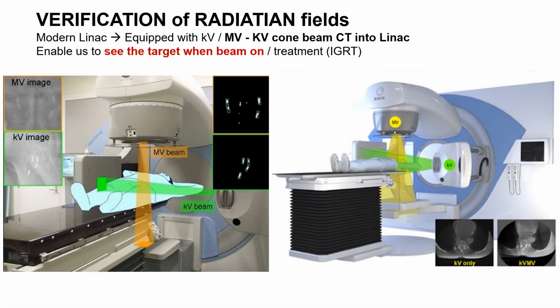We have discussed verification procedure in radiotherapy before radiation is delivered. These are the tools. The yellow beam going from above to bottom is what we call EPID, or electronic portal imaging device, which is a 2D verification tool.